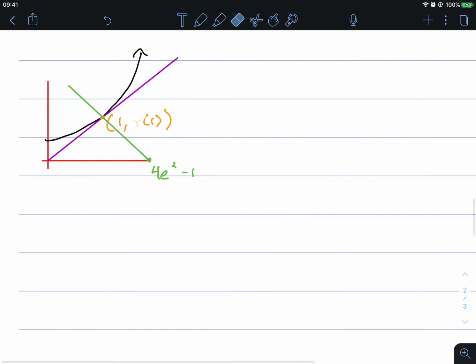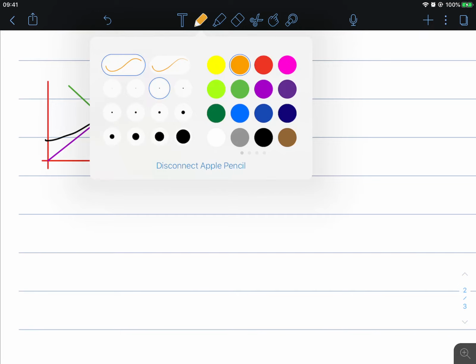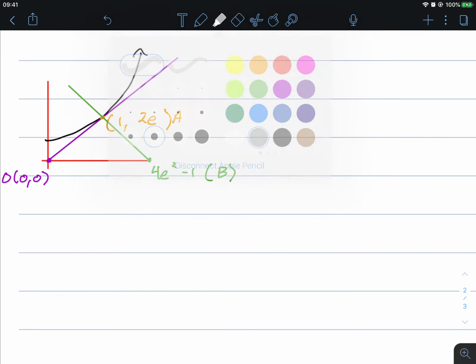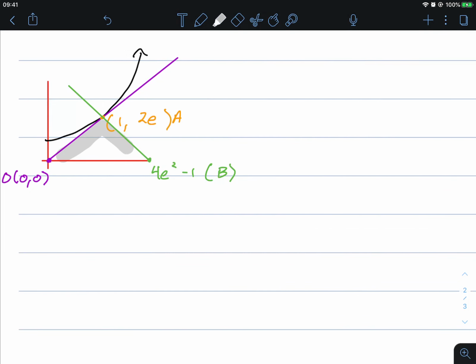We know that f of 1 is 2e. And this point here is 0, 0. Remember this is point A. That's point A. This is point O, the origin. And this here is point B. So we are now looking for this area here.